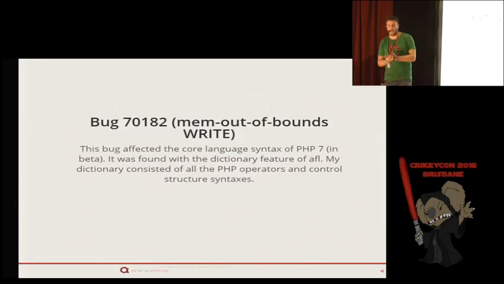The first one was a memory out-of-bounds write, so we were writing stuff that wasn't allocated to us. This was affecting the core language syntax of PHP 7, which at the time was in beta, but now is not beta.